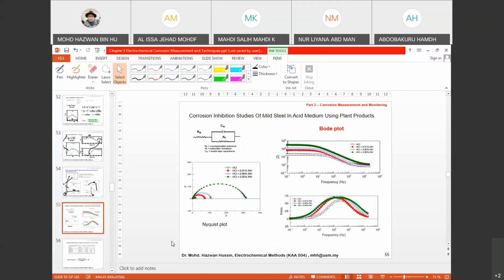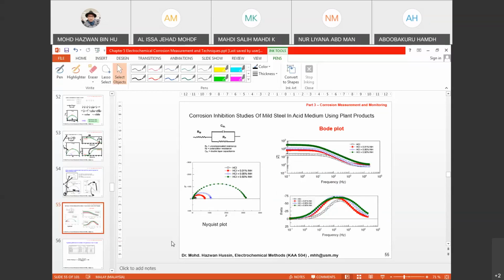What if we have a different analyte? Will we have a difference in RCT, in RS, or not? Of course, yes. If you substitute, you're not going to use HCl, for example, and you use water or NaCl solution, then it will produce a different RS value.